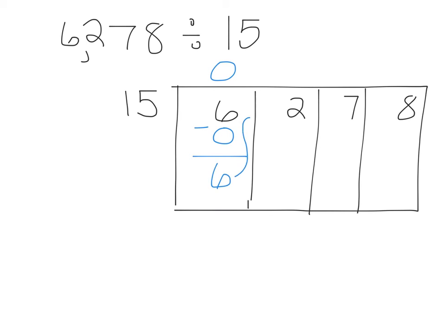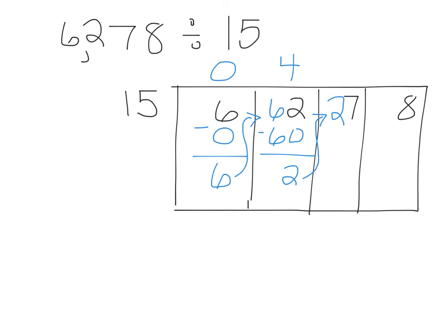I carry this 6 over here, so that gives me 62. I know that 4 times 15 is going to be 60, so I end up with 2. I bring this 2 up to make it 27.